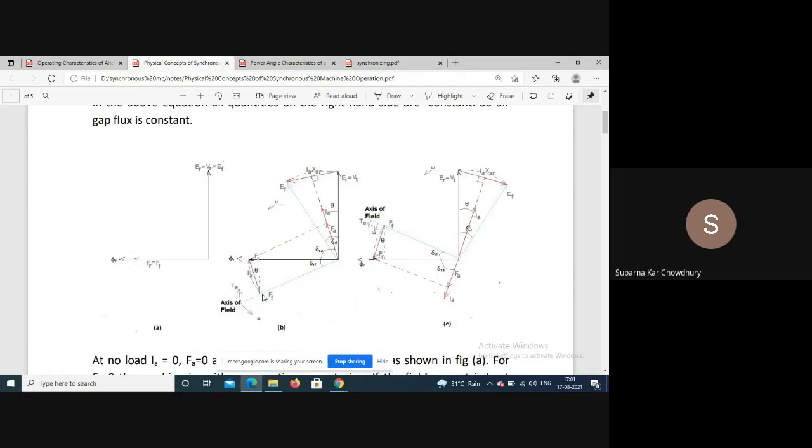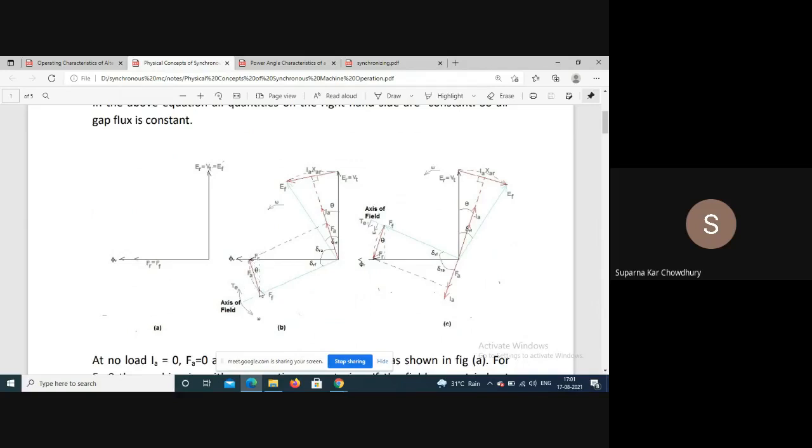So as the field goes ahead, what happens now? The equation that the resultant mmf is equal to field mmf plus armature reaction mmf should hold good. So as now FF is here and FR is here, this FA appears.